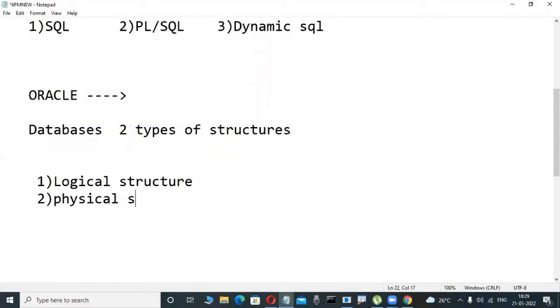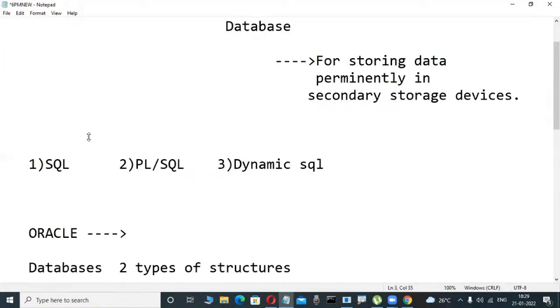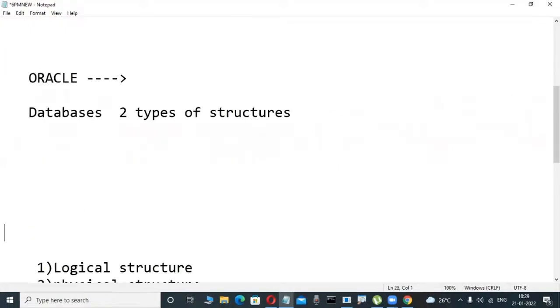Before we go on to say what the logical and physical structures are in these database software, let's look at the database definition. In books, many write it like this. Today at least you will understand.